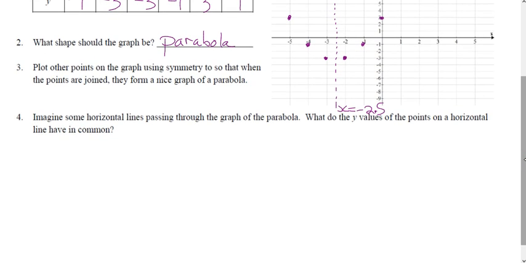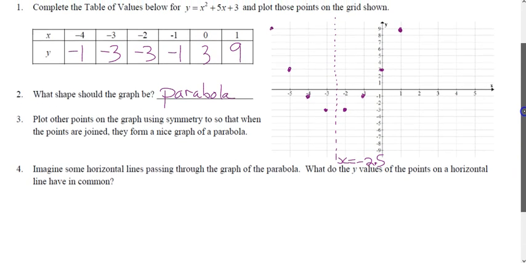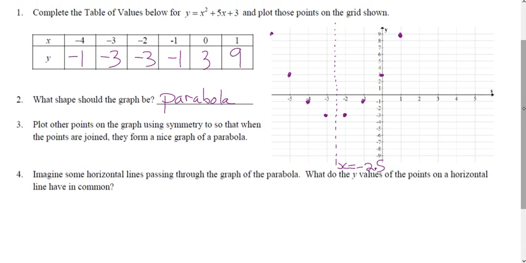Imagine some horizontal lines passing through the graph of the parabola. What do the y values of the points on a horizontal line have in common? So horizontal line, what can you say about these y values? They're the same.